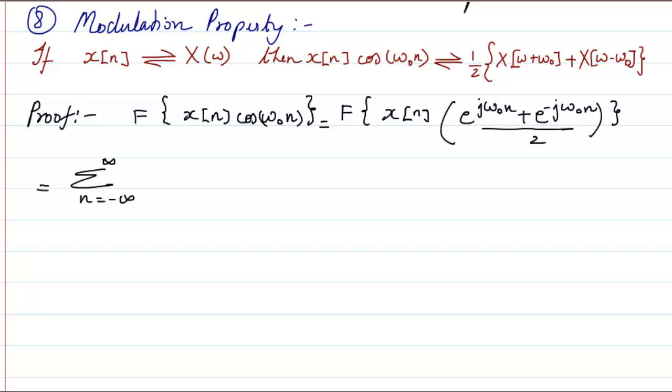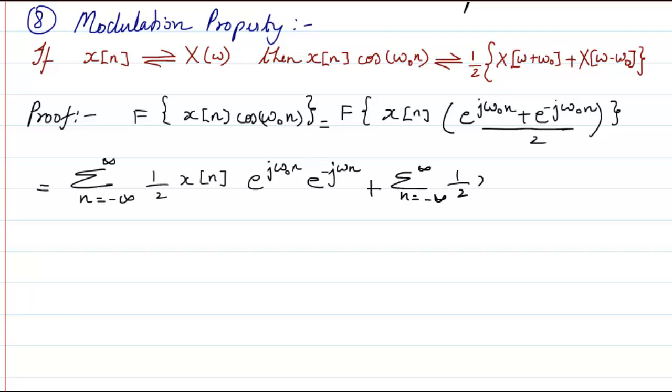I will write two parts of the equation. The first part is 1 by 2 x of n e raised to power j omega naught n into e raised to power minus j omega n. The next part is plus summation n equals minus infinity to infinity 1 by 2 x of n e raised to power minus j omega naught n into e raised to power minus j omega n.